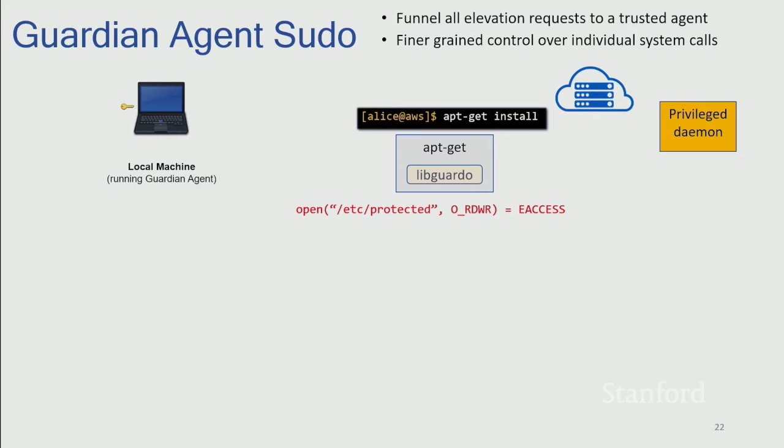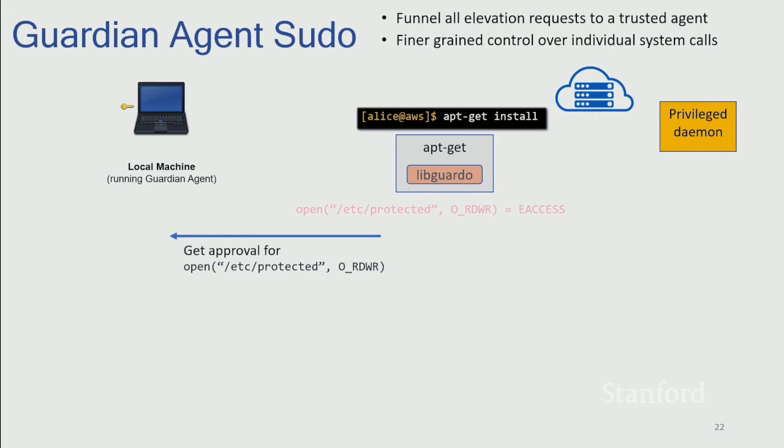At this point, our library is going to intercept that system call just before it returns to the program, and request the authentication agent running on your machine to approve this operation, which was originally denied. Again, same as before, now the user can be prompted. He can make sure that he's approving whatever he wants to be performed on that remote machine.